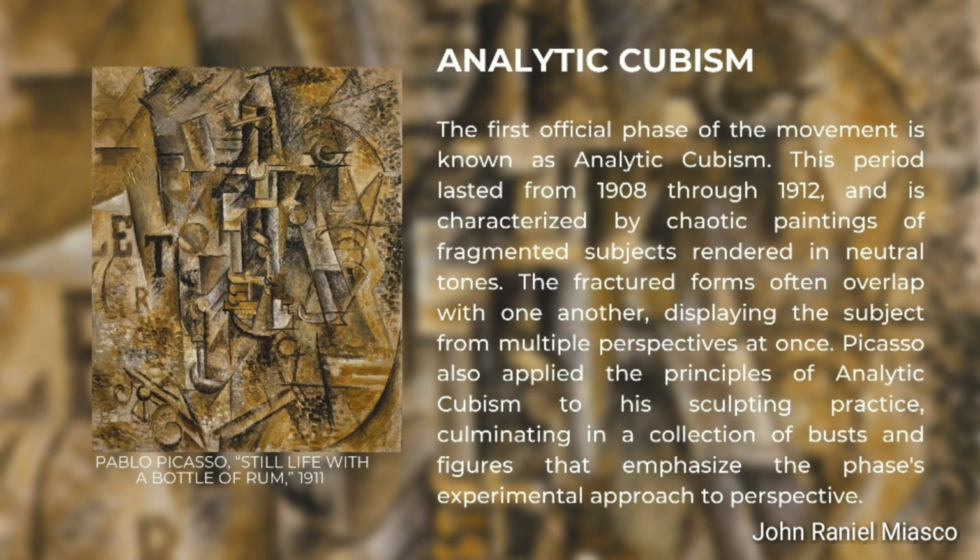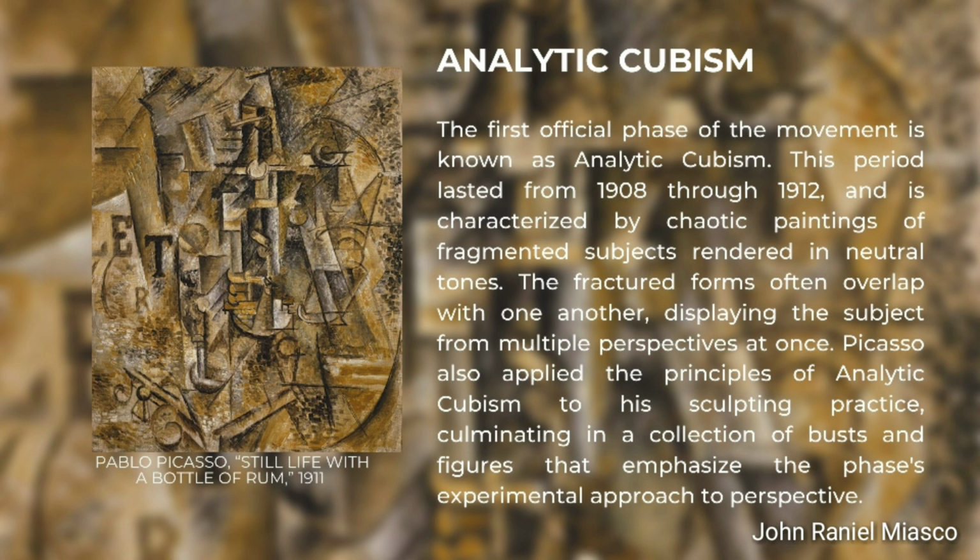This artwork entitled Still Life with a Bottle of Rum, 1911, by Pablo Picasso is an example of analytic Cubism. The first official phase of the movement is known as analytic Cubism. This period lasted from 1908 through 1912, and it is characterized by chaotic paintings, fragmented subjects rendered in neutral tones.